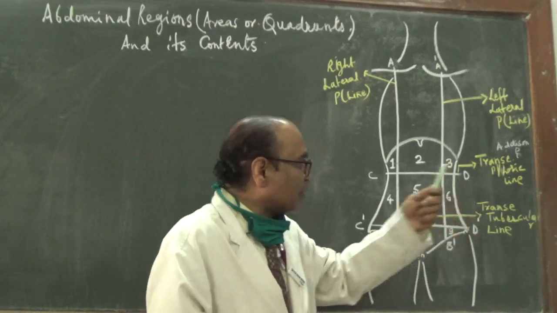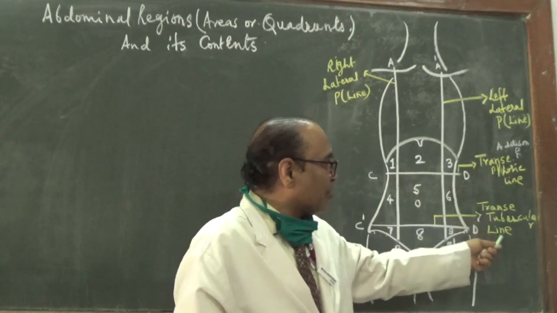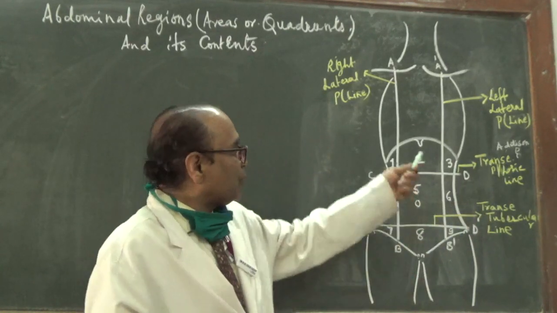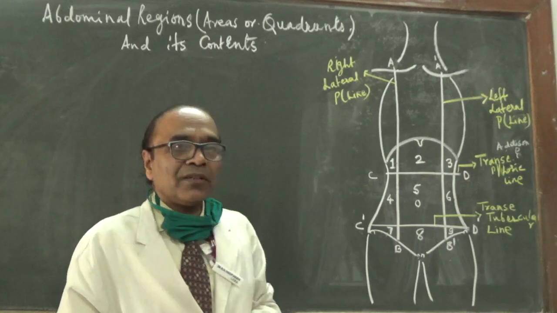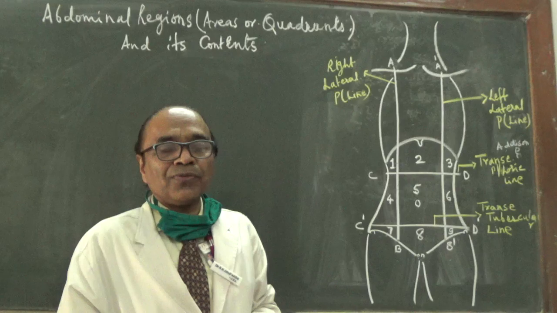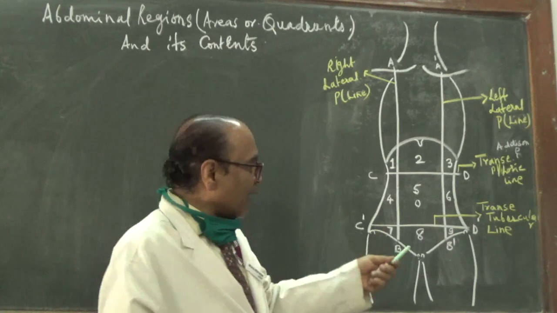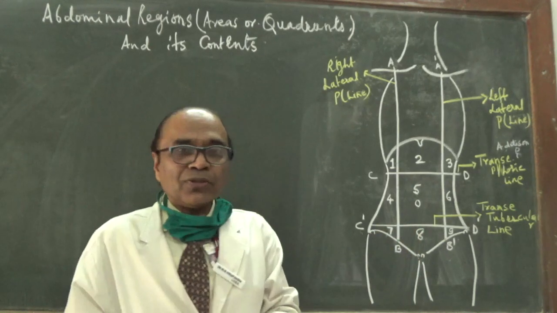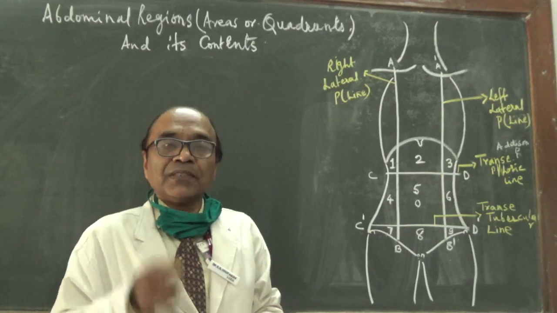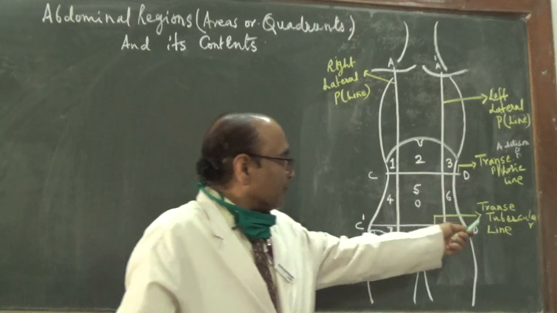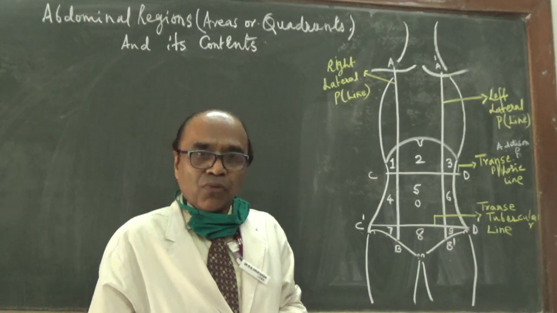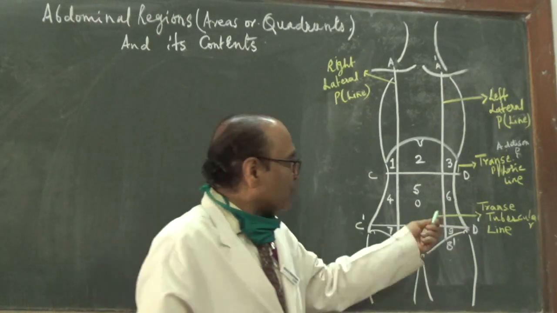This is called the transtubercular line or transtubercular plane. Now this transpyloric plane is present at the lower border of L1, whereas this transtubercular plane is present at the upper border of L4, that will be the thing.